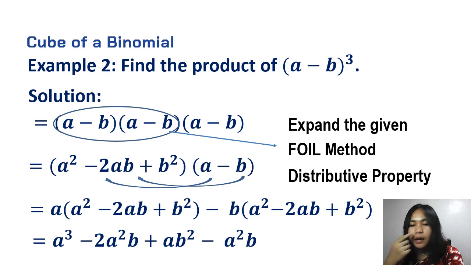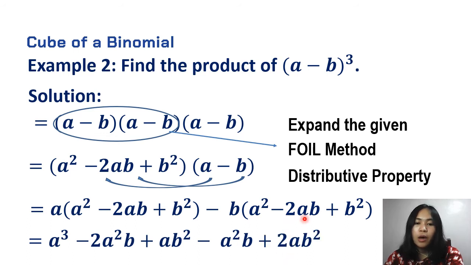What happens when we multiply the same sign? It becomes positive. That's why it is 2ab squared, because b is negative and 2ab is also negative. So when we multiply them, same sign, it becomes 2ab squared.